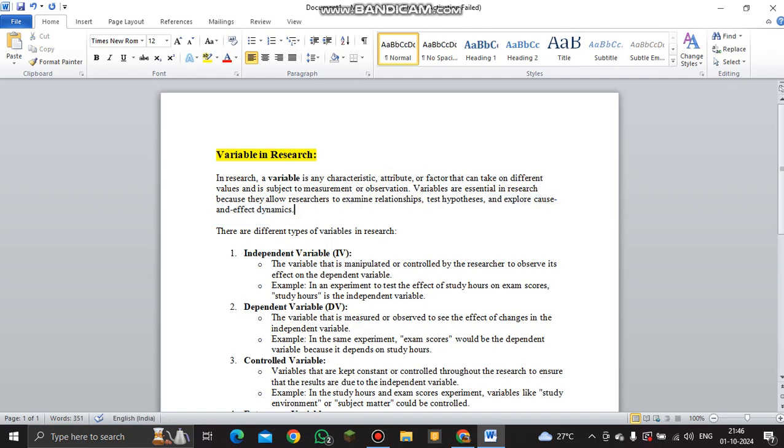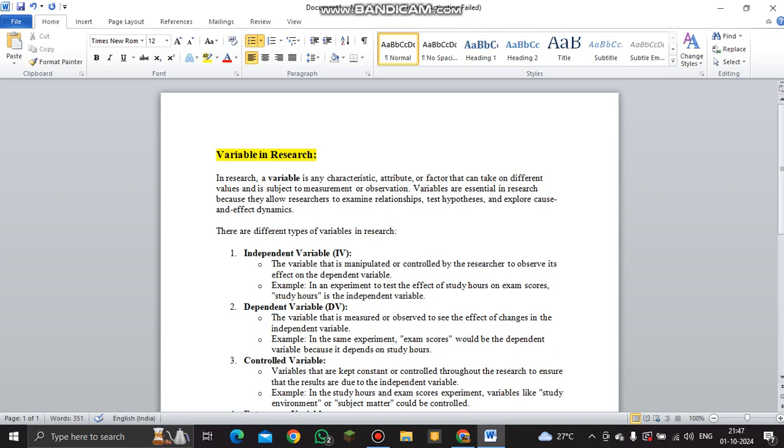Now let us discuss the types of variables. Friends, there are many types of variables in research, like independent variable, dependent variable, controlled variable and other types also. So we are going to discuss only three here. Independent variable: this kind of variable is manipulated or controlled by the researcher.